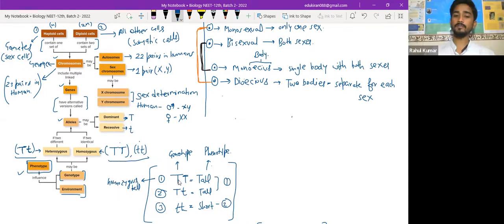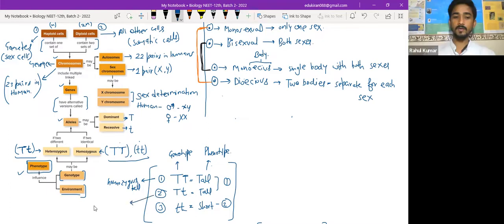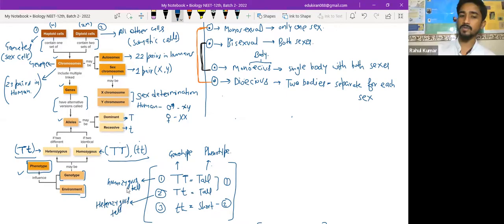Why pure tall? Because both the alleles are dominant. And this is called heterozygous tall or mixed tall. So the genotype is different. One genotype is homozygous, another is heterozygous, but the phenotype is the same. Both are tall.